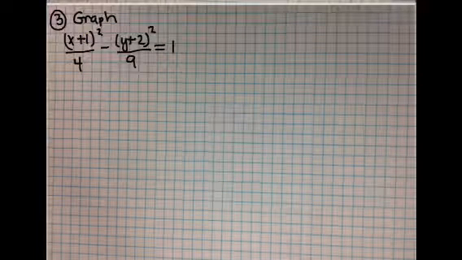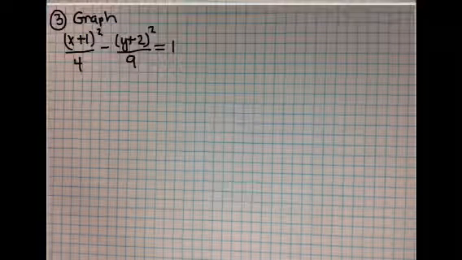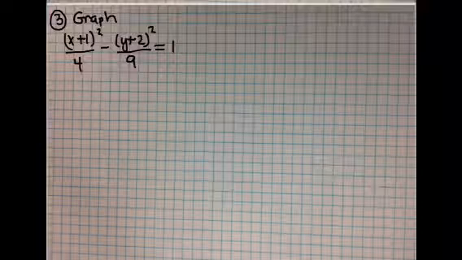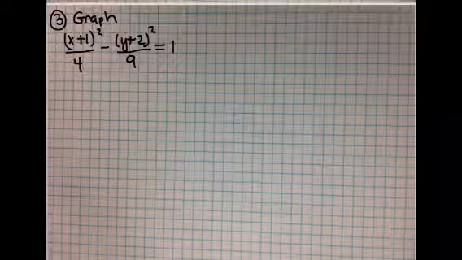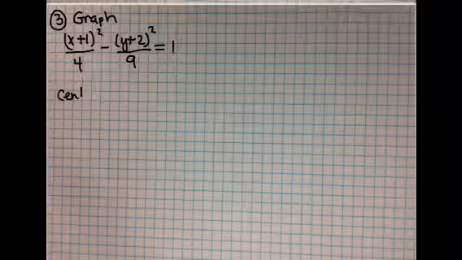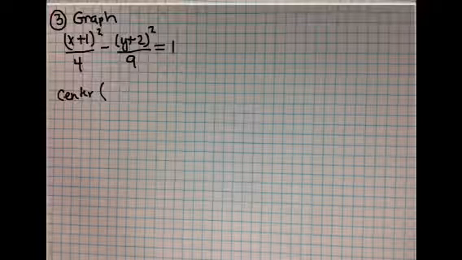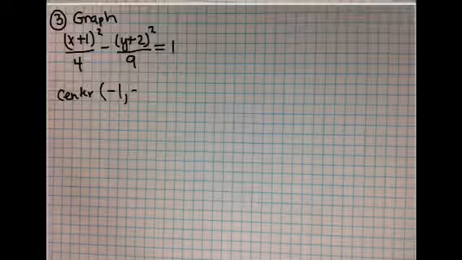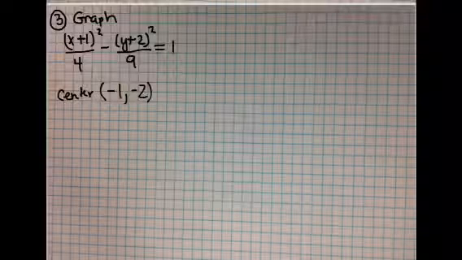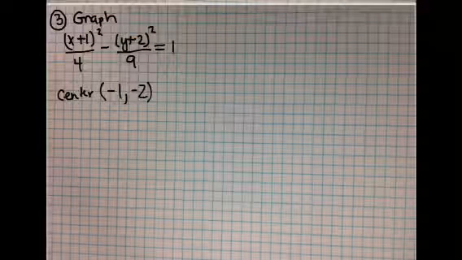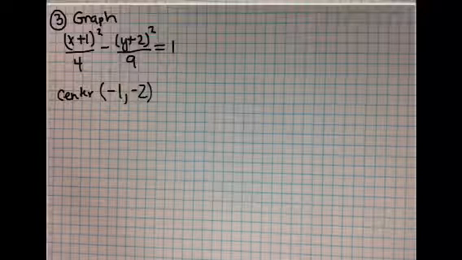Alright, so this one here, because there's a negative in between the x squared and the y squared, this one is a hyperbola. The center is (h, k), so that'd be (-1, -2). Remember, we get those from here and here. Now with the hyperbola, the orientation is not determined by the biggest denominator.